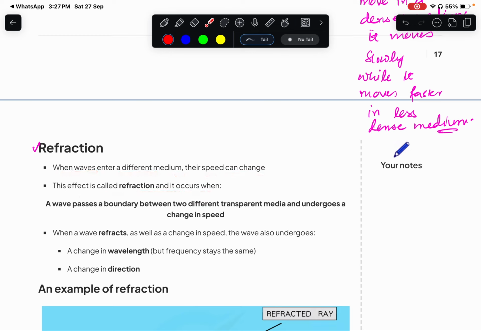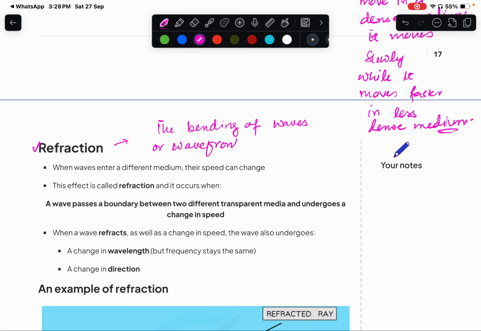You can define refraction like this, or you can also define it as the bending of waves, or you can say wavefronts, when they enter from one medium into another.